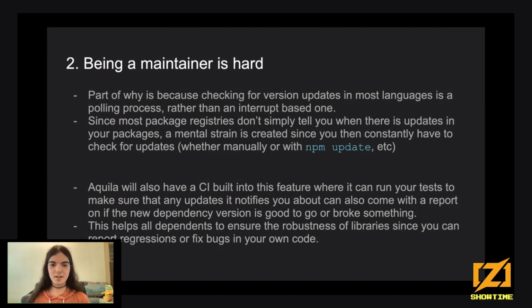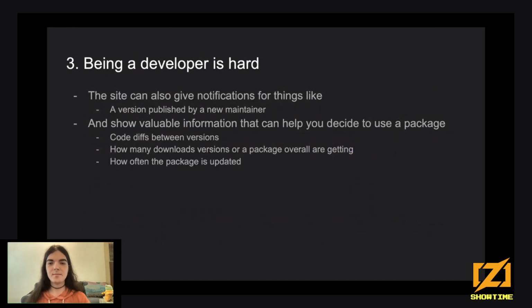Or on the opposite side, we can say, hey, we updated with this new version and something broke. So then you can figure out, did the dependency break something, or did I do something? Instead of constantly having to wonder if updates are out there.